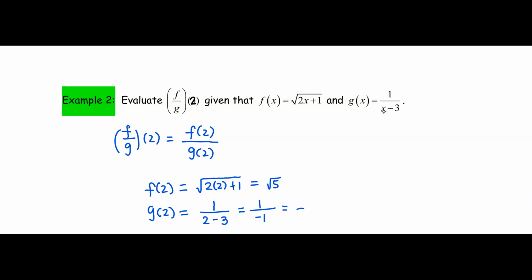And 1 over -1 is -1. Now, going back to our problem, since this is f of 2 and this is g of 2, we will go ahead and plug it in. So the numerator is square root of 5. The denominator is g of 2, which is -1. So this is equal to the negative square root of 5.